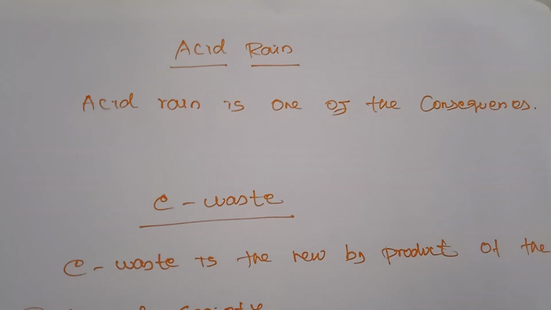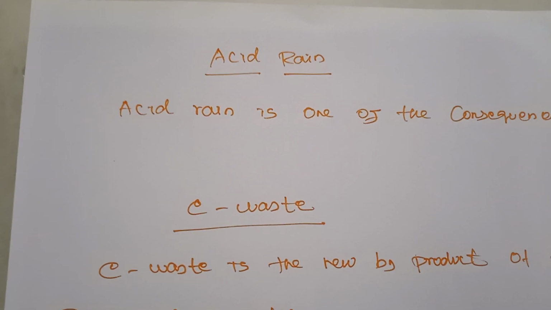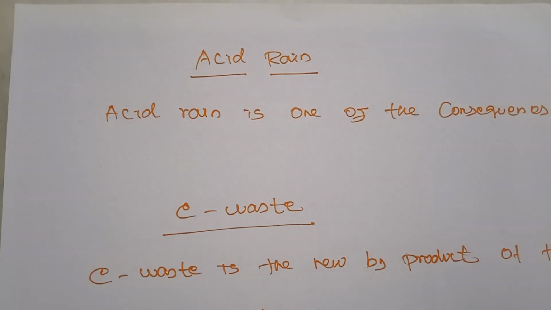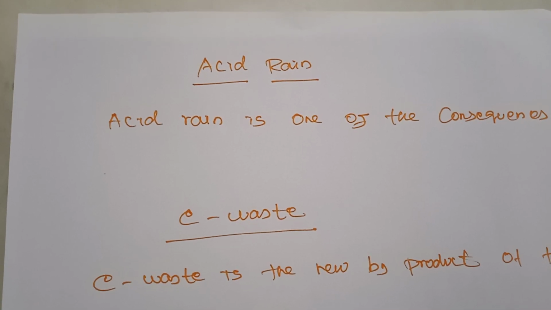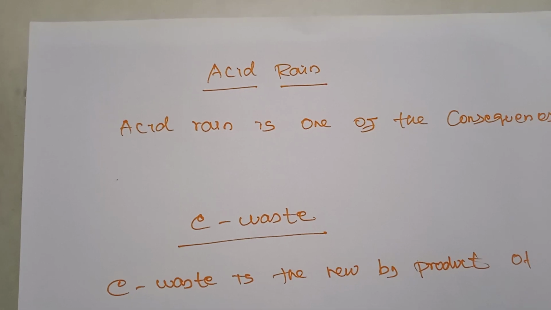Next, acid rain. Acid rain is one of the consequences of air pollution. It occurs when emissions from factories, cars, or heating boilers come in contact with the water in the atmosphere.